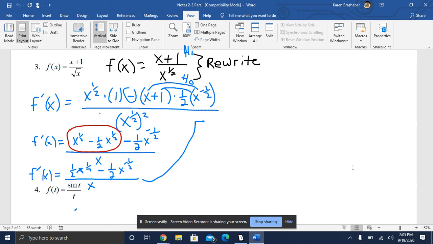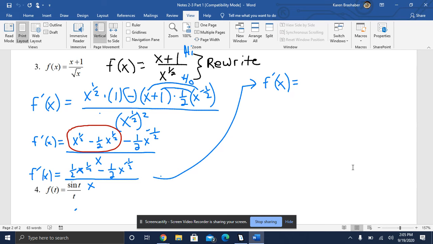In fact, I'm going to go just a little bit higher here and work over in this area. So f prime of x will equal, now I'm going to be factoring out the greatest common factor.